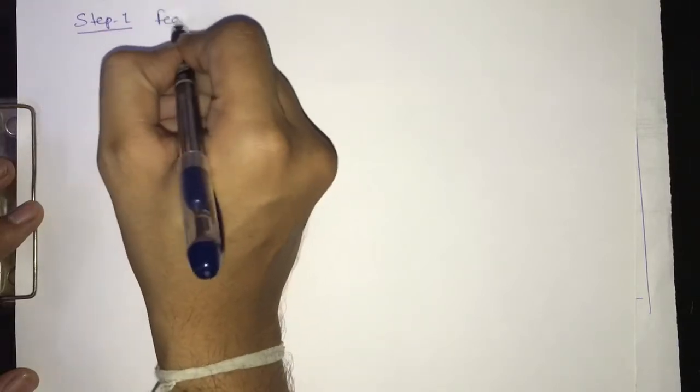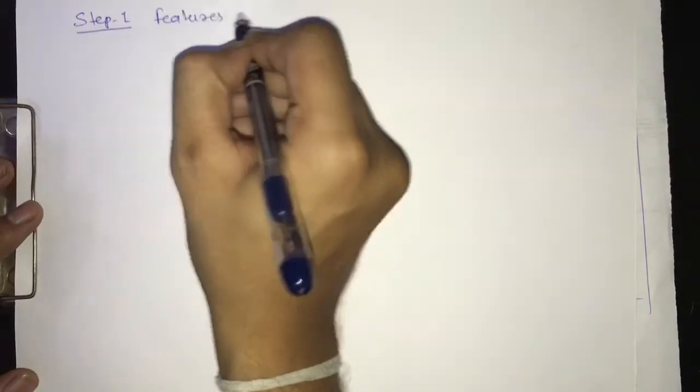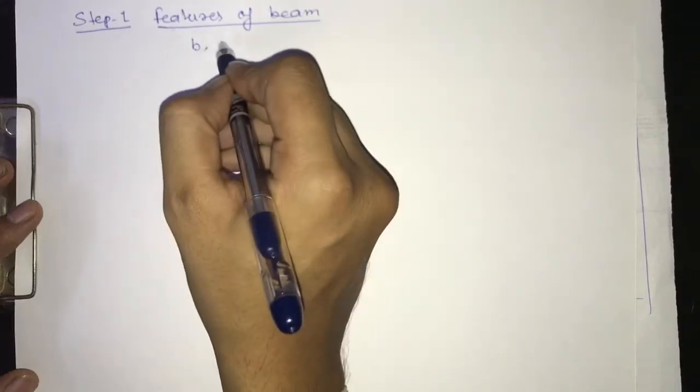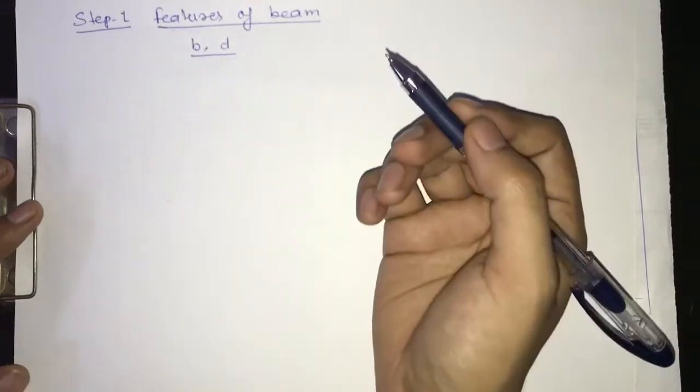So guys, our step 1 is to find out the features of the beam. Features mean the width and the effective depth of the beam.